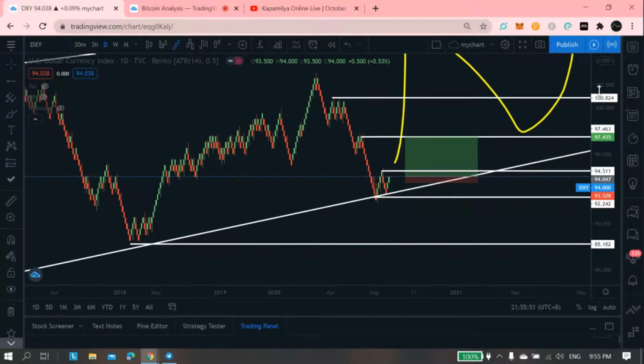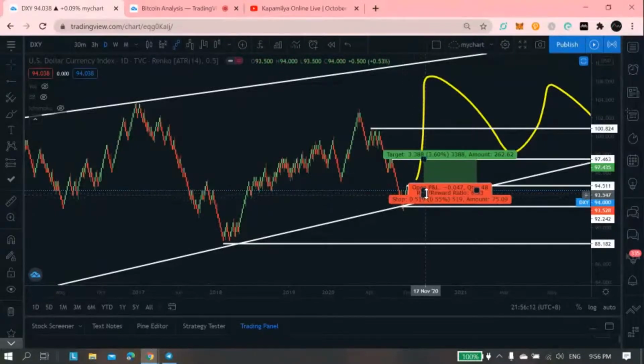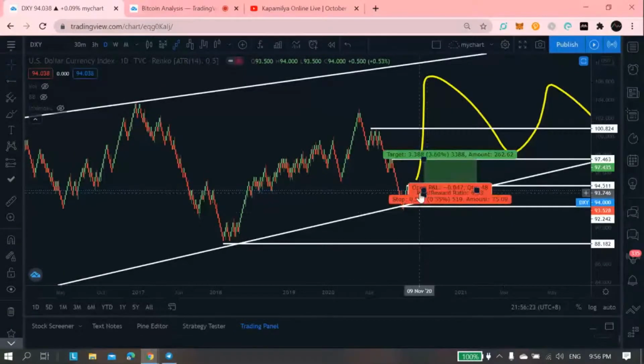If it reverses, I will get a possible loss of around 0.55%.